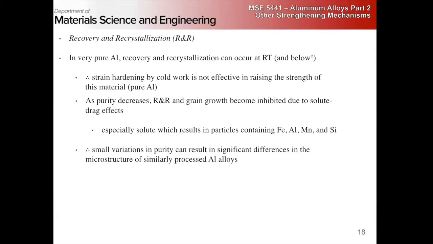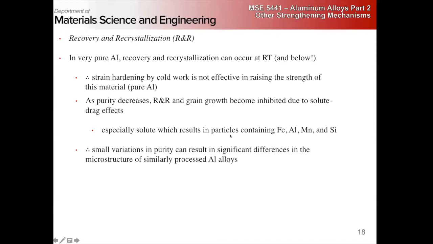Static recrystallization is you put in a bunch of cold work and then you heat it up and you get new grains that nucleate and grow, right? So aluminum does that very easily, but it does not dynamically recrystallize because recovery is too easy. Right?